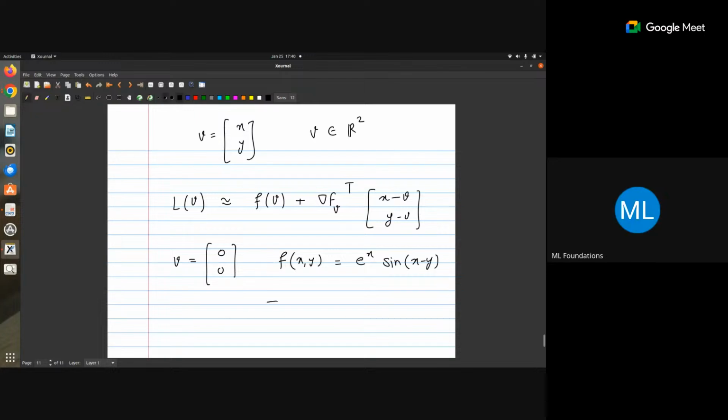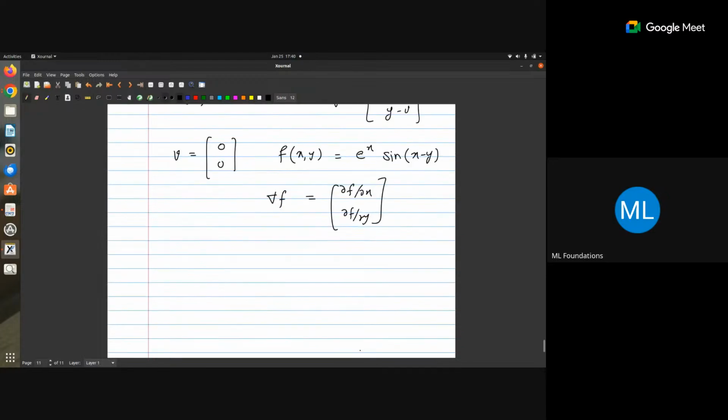What is the gradient of f at x, y? Basically it is del f by del x, del f by del y. It's a vector. If you have 3 dimensions, it will increase, so it will become del f by del x, del f by del y, and del f by del z. v is the point where we want the linearization.